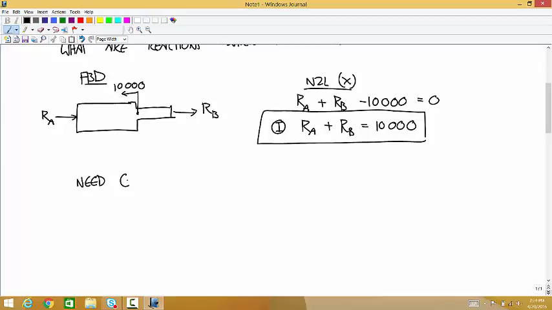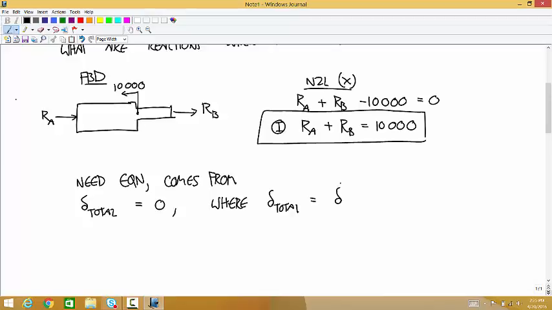And the equation is going to come from saying that the total elongation is equal to 0, where that total elongation is equal to the elongation due to tension or compression and the elongation due to the temperature change.